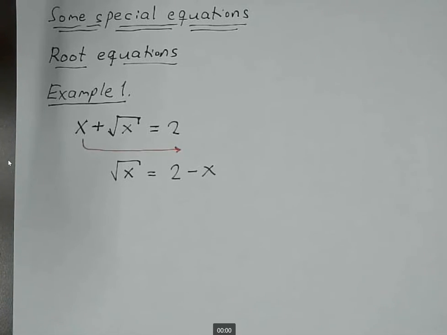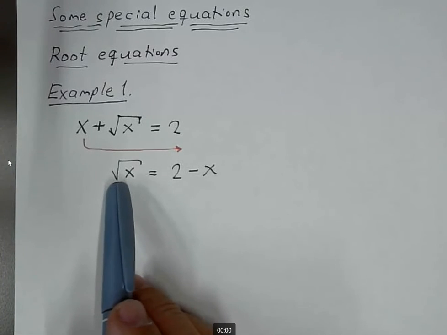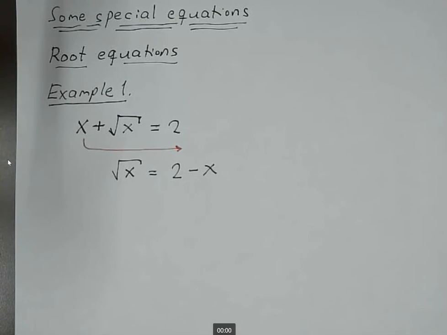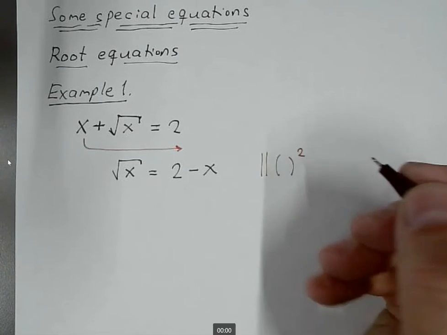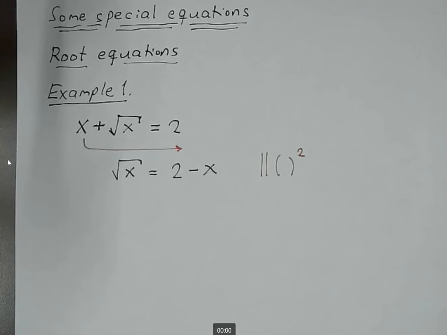And now when we have a square root there, we will use a power. To get rid of that square root, we have to raise that to the power of 2. So we will do that. Both sides of the equation are raised to the power of 2.